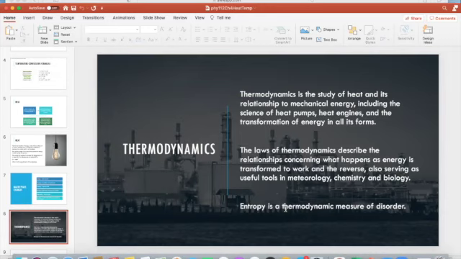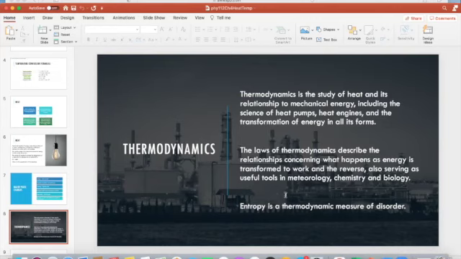Any type of engine, like those in cars and trucks and 18 wheelers, your steam engines, anything like that has a component of thermodynamics to it in order to build those engineering systems. So heat pumps, refrigerators, washers and dryers, those applications all stem from thermodynamics.